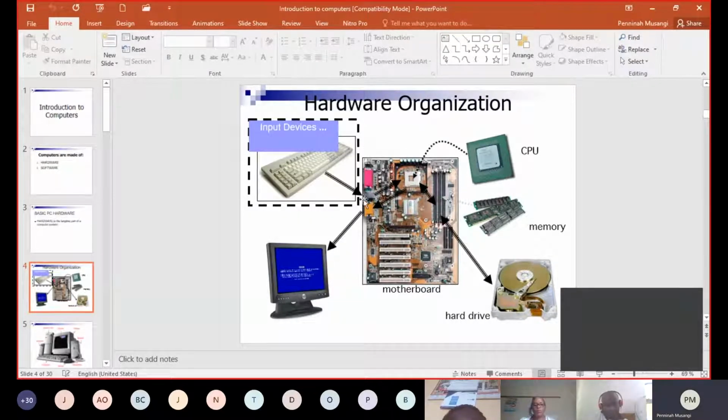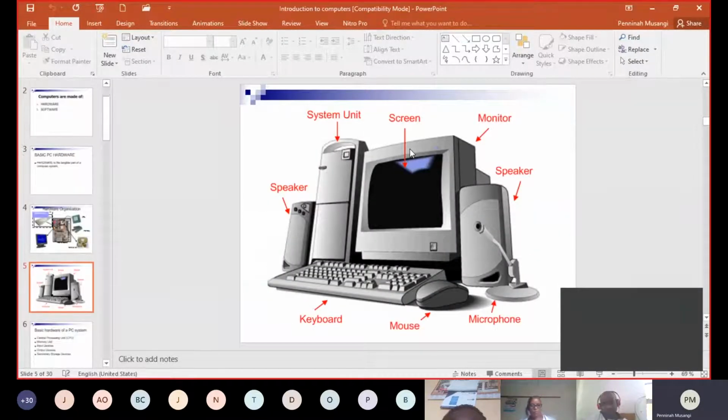So this is also another diagrammatic representation of the hardware. It also includes speakers, also being output devices, and a microphone, which is an input device. The mouse is also an input device because it sends instructions on what to do.